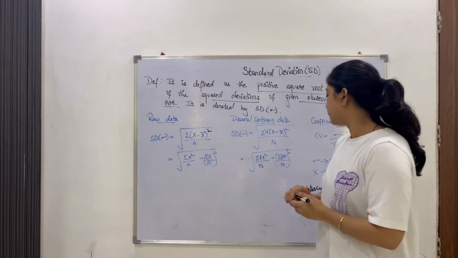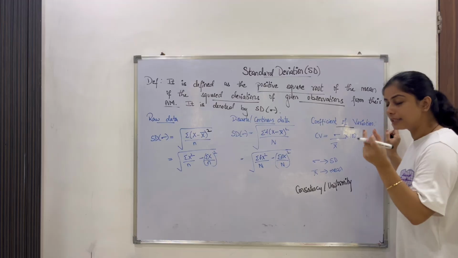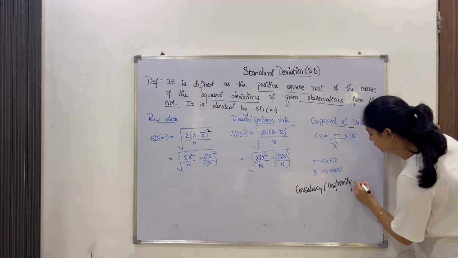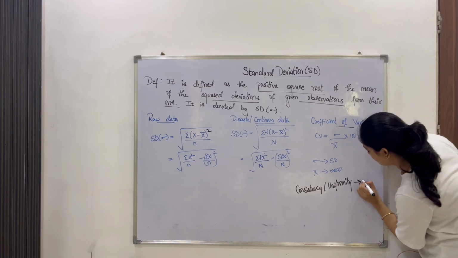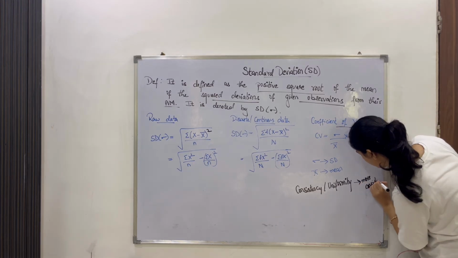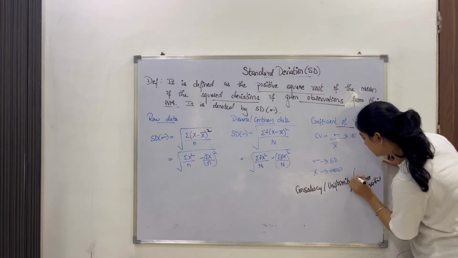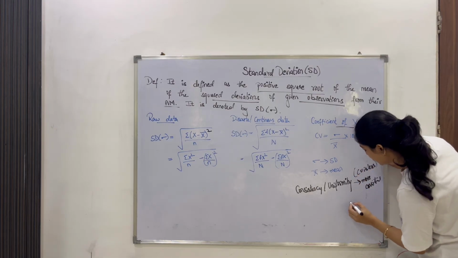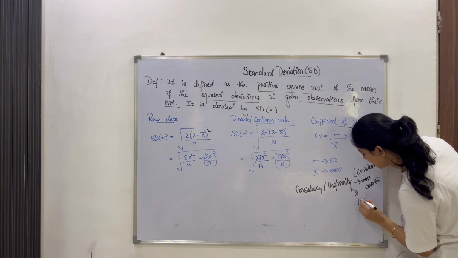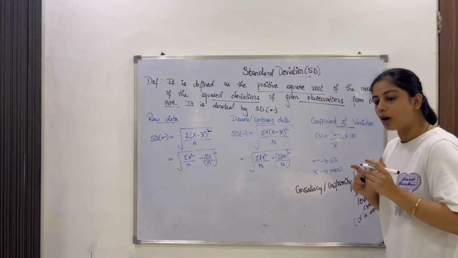The answer where you get a smaller value of CV, that is more consistent. If the CV is less, it is more consistent. In case the CV is more, it is less consistent. So this is how it works.